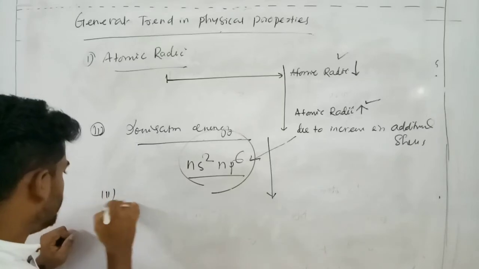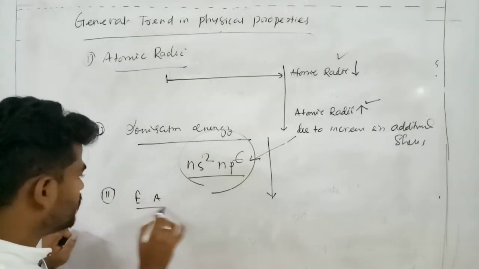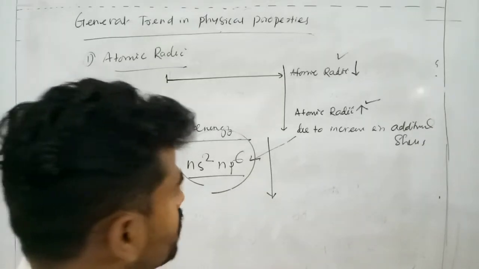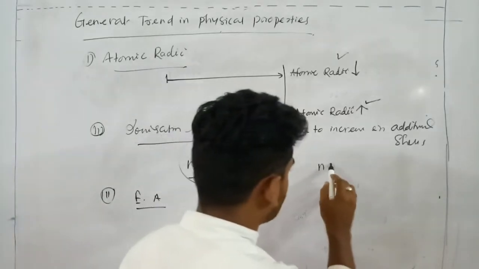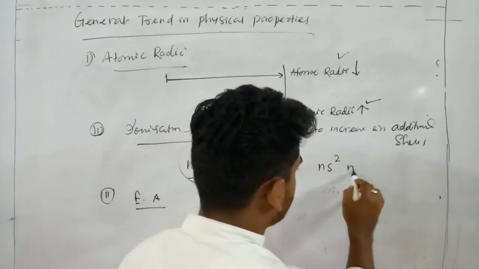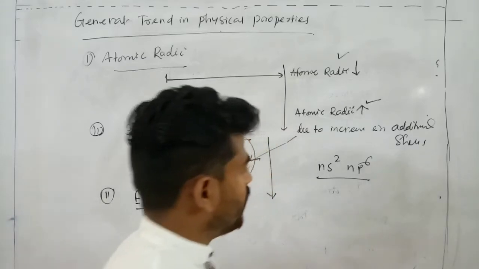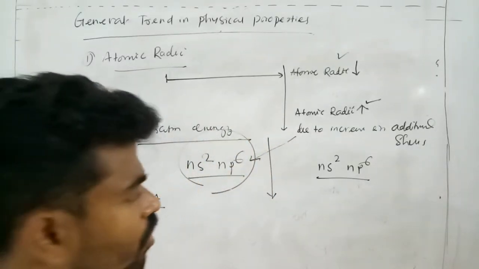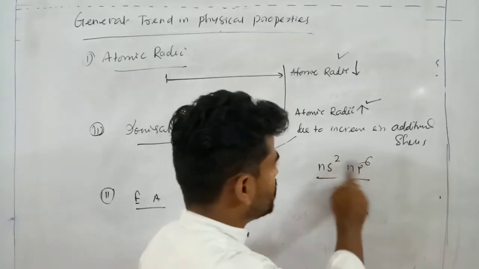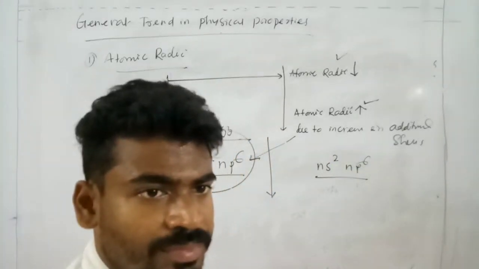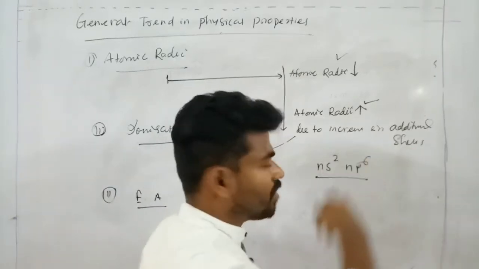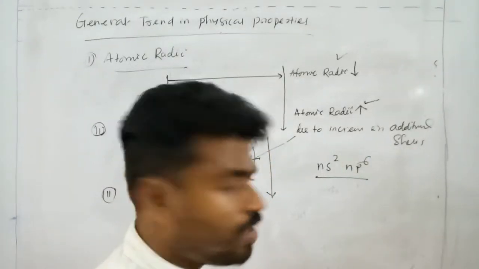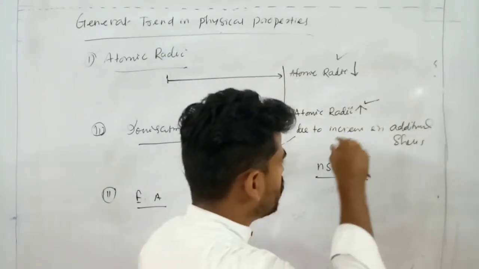Next is electron affinity. Again, the same concept applies here. They have the configuration ns2 np6. Due to this stable configuration, there is no room for an incoming electron, so if you want to add one, you have to supply energy.